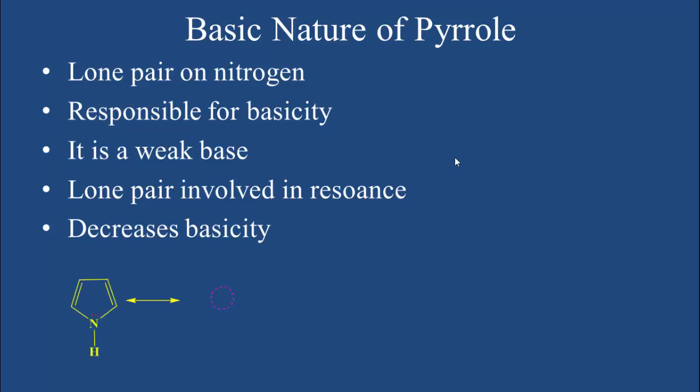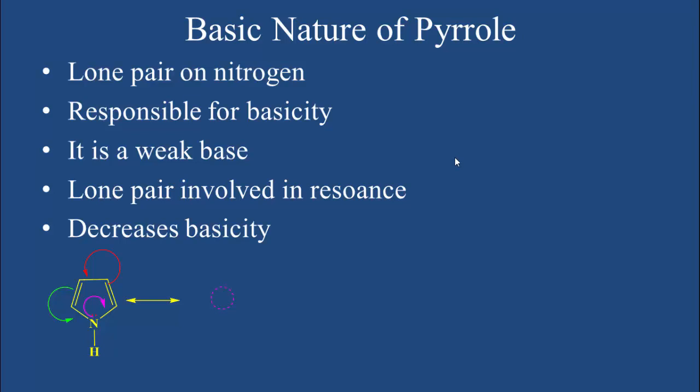This is the pyrrole ring, and this is the nitrogen lone pair of electrons, and this lone pair of electrons is involved in the resonance delocalization, and is continuously in motion, and is not readily available for donation, as we know that lone pair donors are bases.